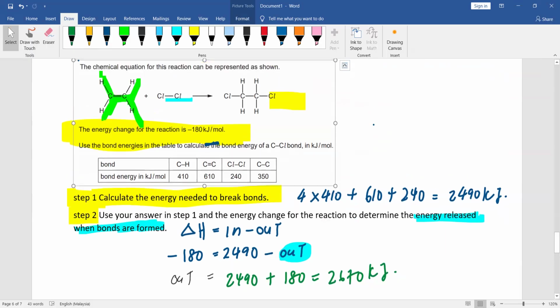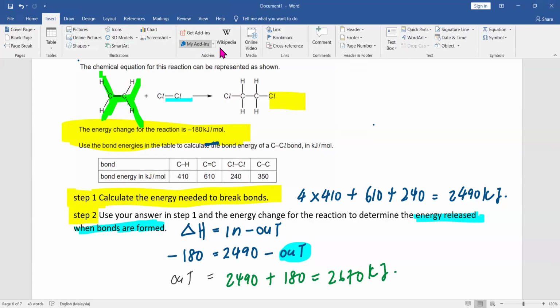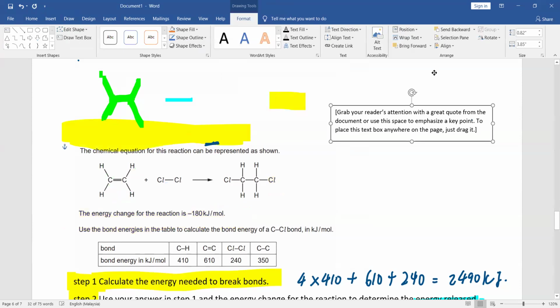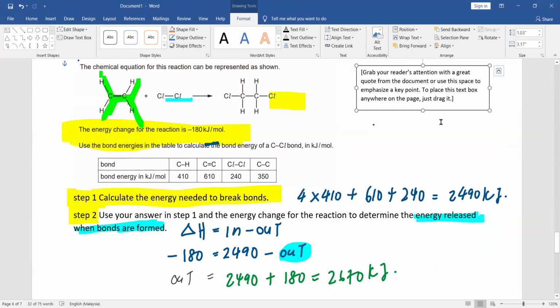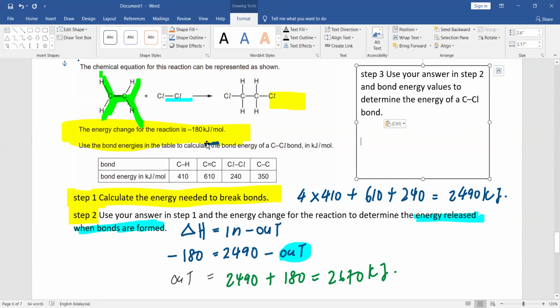Okay, step 3 is use your energy in step 2 to find C-Cl.